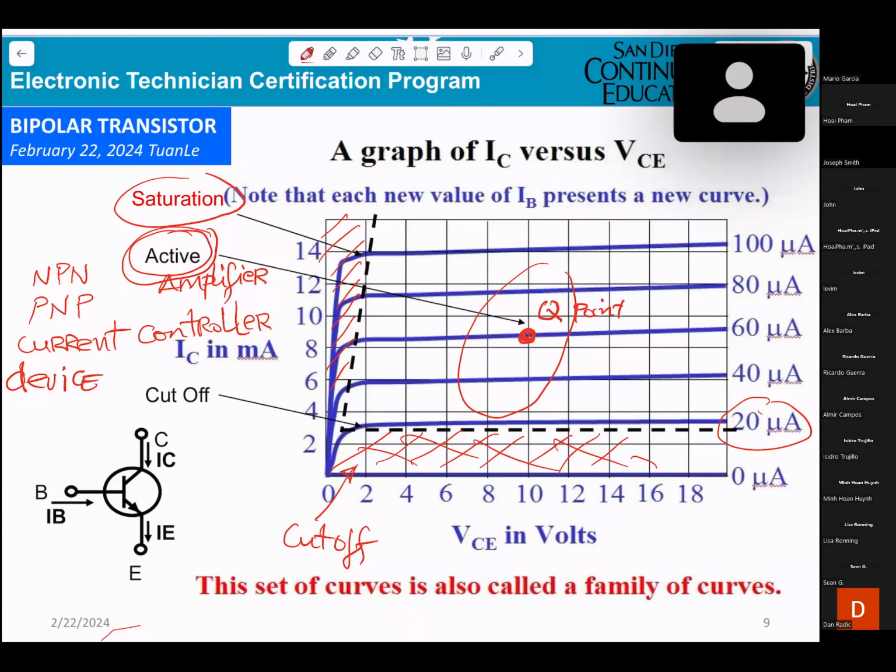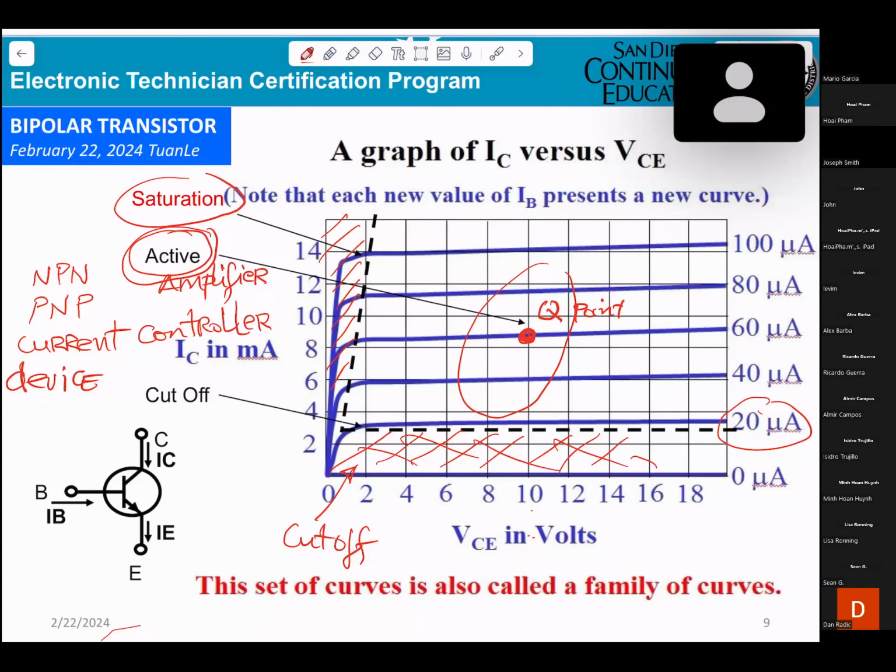Why do they want the Q point in here? At this point, you can get the voltage VCE and you can get the current IC. So make sure it has to be an amplifier.